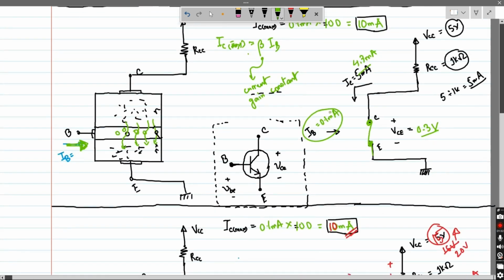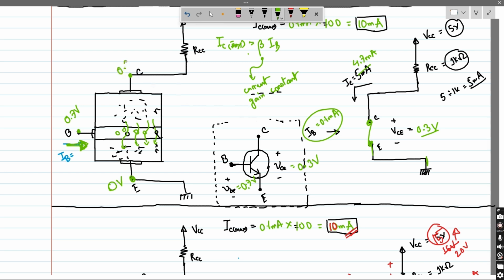Next, when we provide adequate base current into the BJT, the voltage drop across the base emitter junction will be 0.7 volt, and the voltage drop across the collector emitter junction will be 0.3 volt. If we do a nodal analysis, you can see the emitter is grounded, so the emitter will have 0 volt. The base to emitter voltage drop is 0.7, so the base voltage is 0.7 volt, and the collector potential is at 0.3 volt, since VCE is 0.3 volt.